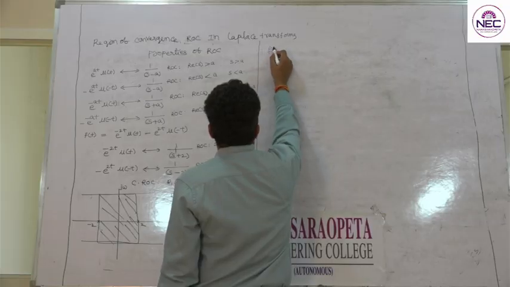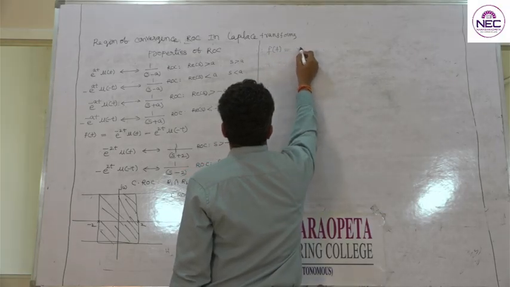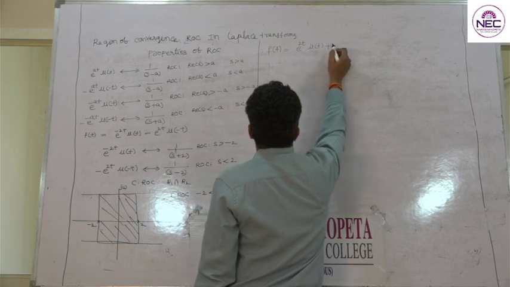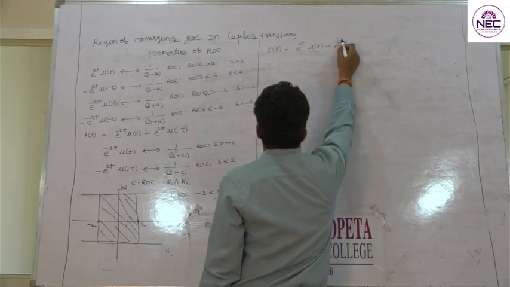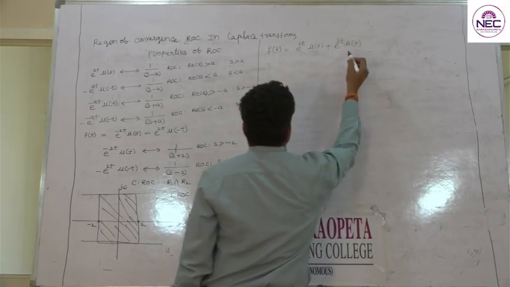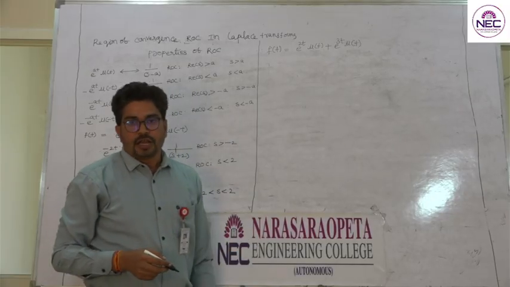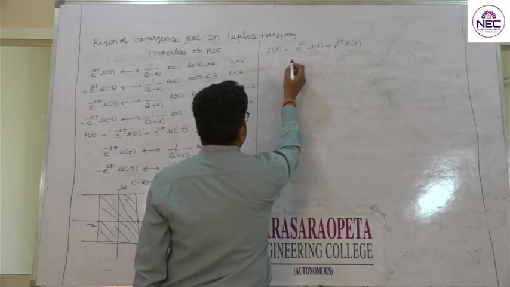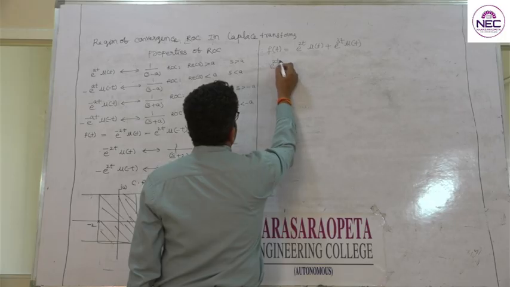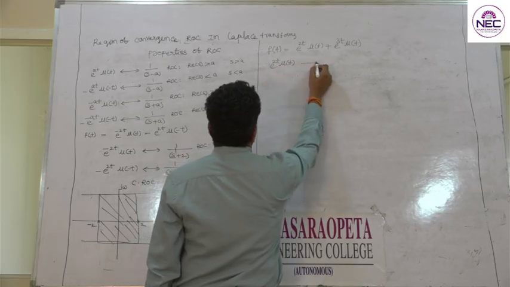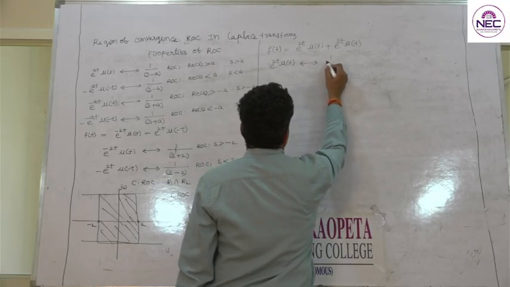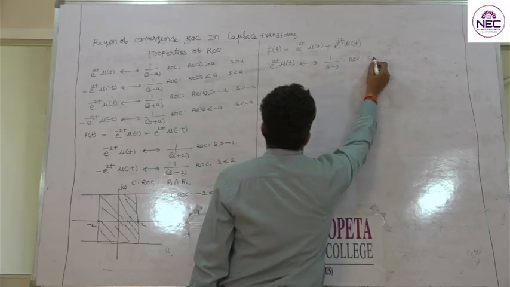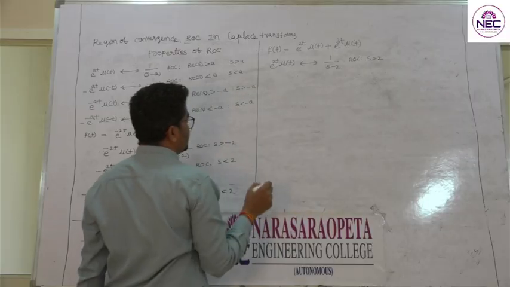Here f of t equals e power 2t into u of t plus e power 3t into u of t, combination of two right side signals. Write e power 2t into u of t, transform value 1 by s minus 2, ROC s greater than 2.